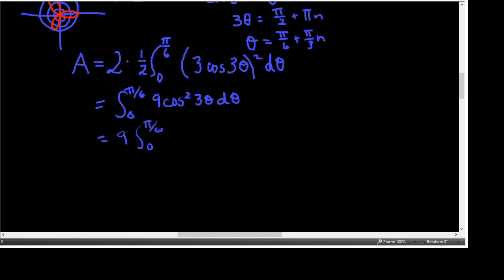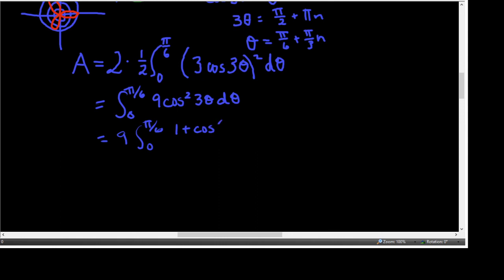Okay, so how do we integrate cosine squared? Well, this is going back to the trig antiderivatives that we talked about before. After pulling the 9 out, we're going to rewrite cosine squared using the power reducing identity, and that will become 1 plus cosine of double the given angle.